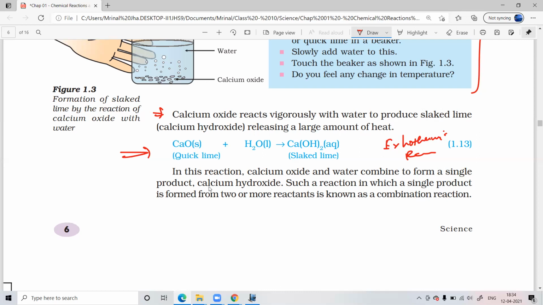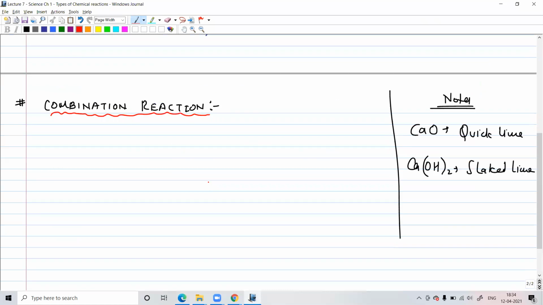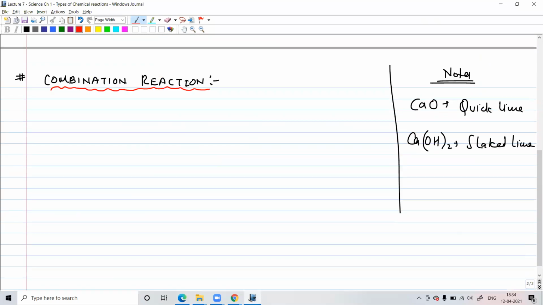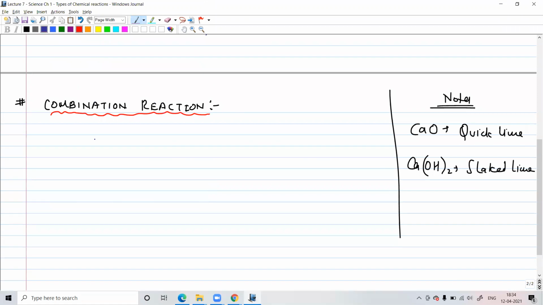Okay, so before we go ahead, let me give you a simple definition of combination reaction. If they ask you to write down what is a combination reaction, what would you say?